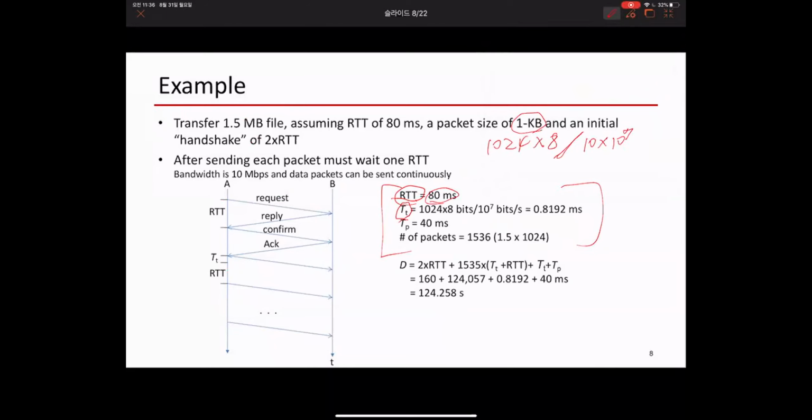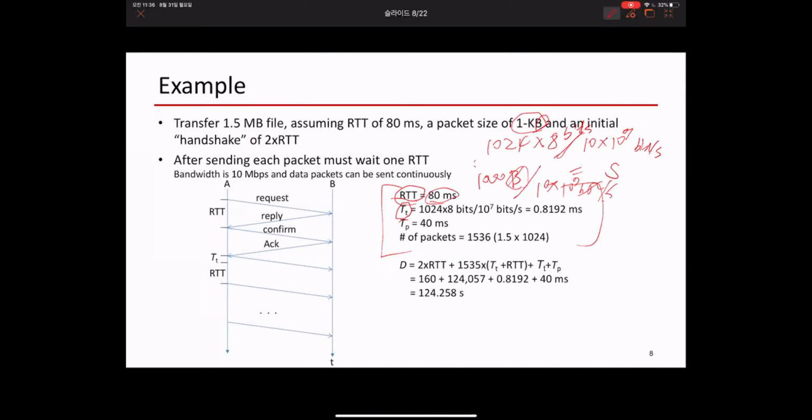If you remember, this is bits, and this is bits per second. Therefore, the result will be in seconds, right? If I just use 1 KB as 1000 bytes, then divide by 10 multiplied by 10 to the 7 bits per second, bits and bytes are not divisible. I have to convert bytes to bits.